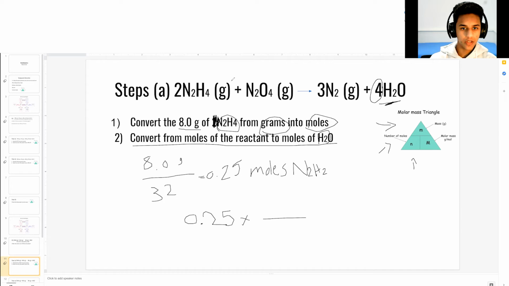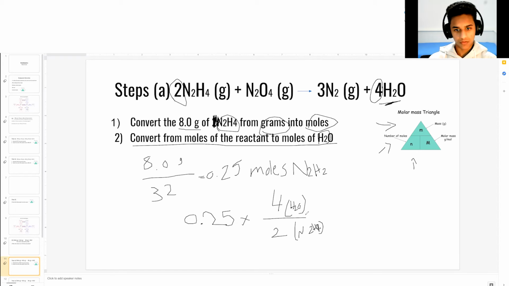It's 4, and to the N2H4 it is 2. So that's 4 to 2. As we said, we always put the product on top. So that's gonna be 4 for the H2O, and this 2 is for the N2H4.